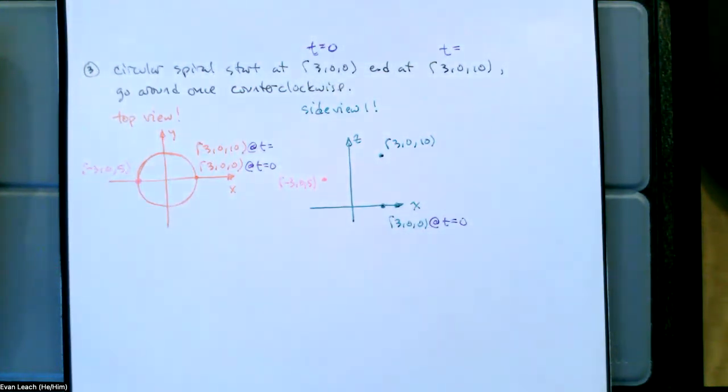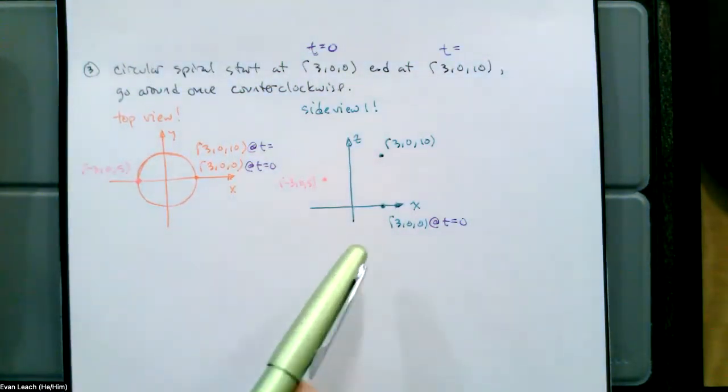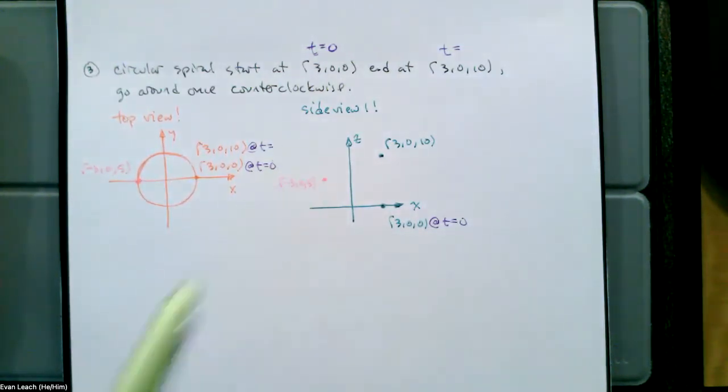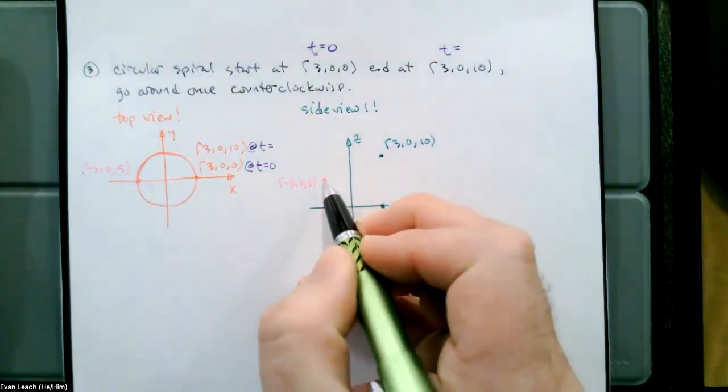We're making a circle starting off at 3, 0, going all the way around to 3, 0. So we're probably going to be just recycling our circle from before, where x is cosine of t. And this is certainly suggestive of that. Because if I put x and z together, I'm just going to end up with this cosine graph.